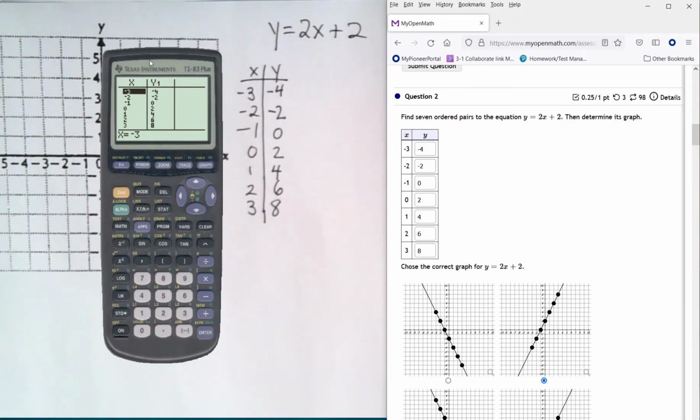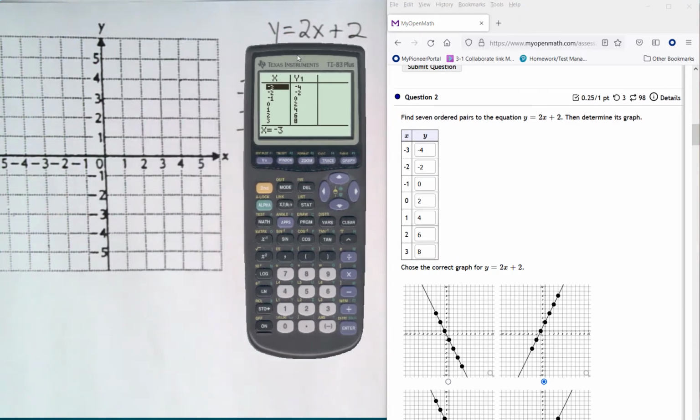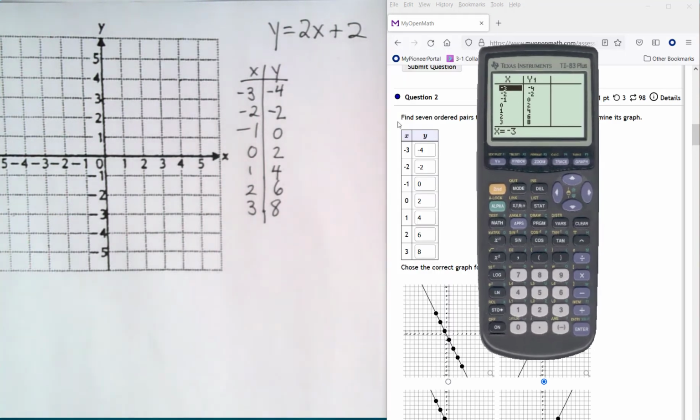All right, and so to graph it by hand, because they had asked us for the ordered pairs, point plotting would be what you will do.